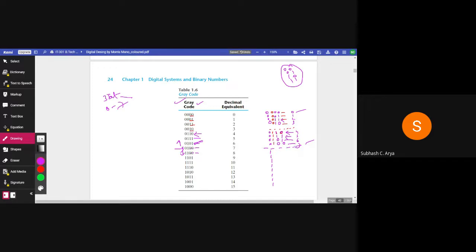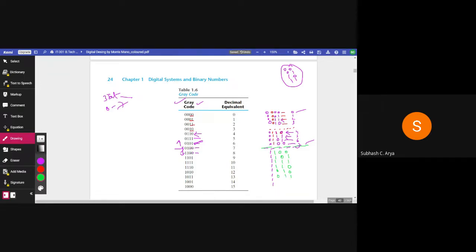Okay, and since this is a mirror, how should I put? So the reflection of this 1, 0, 0 will be here. 1, 0, 0. Then 1, 0, 1. And after that 1, 1, 1. Then 1, 1, 0. Then 0, 1, 0. Then 0, 1, 1.